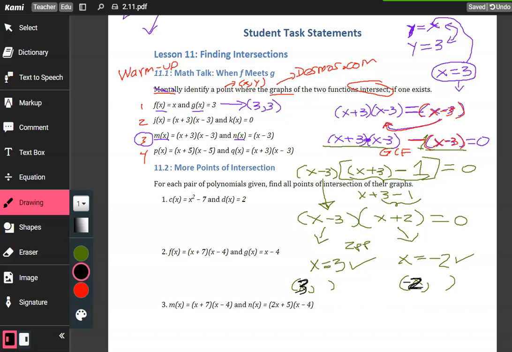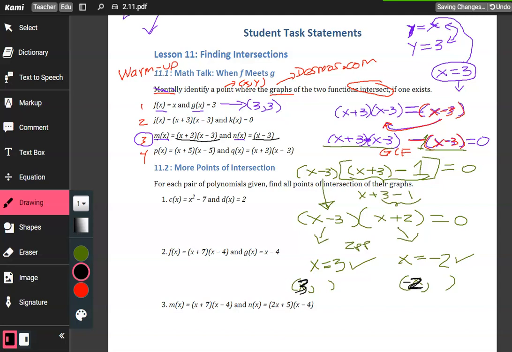To find the y value, what you're going to do is take this x and plug it into any of the equations. Plug it into the one that looks easy. You could plug it into this side here or this side, and you could tell that n of x has less information, so you could just plug them in here to the x.